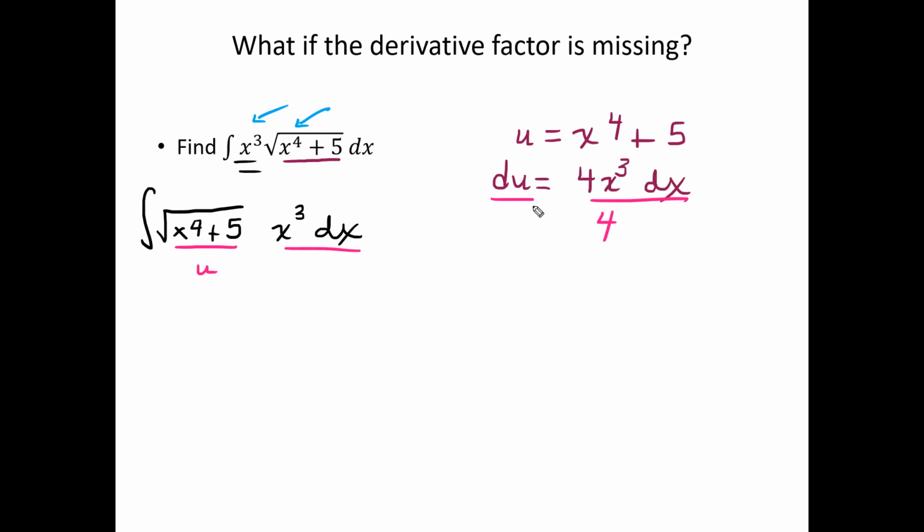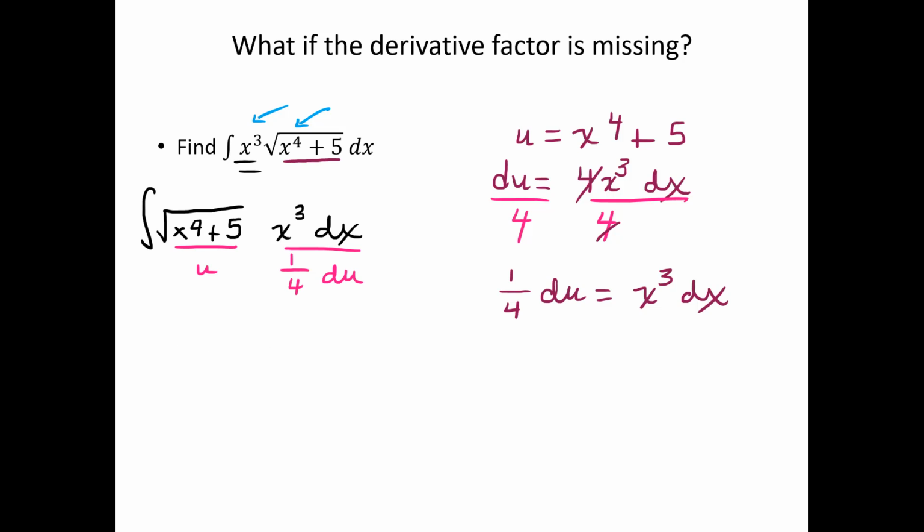Not a problem. Divide off the 4. So once again, if I divide off the 4, then I'm left with 1/4 du equals x cubed dx, which is exactly this leftover piece. So I'm going to substitute 1/4 du.